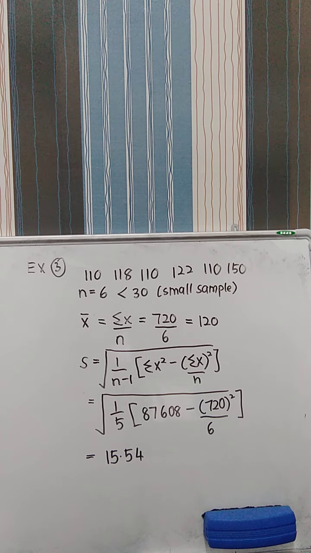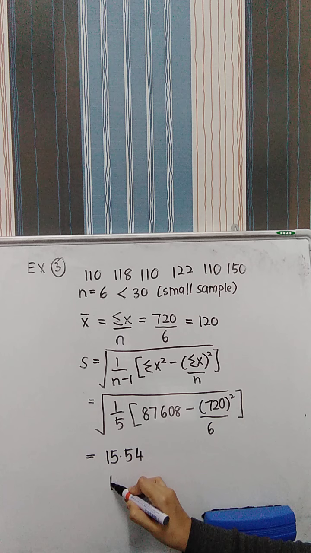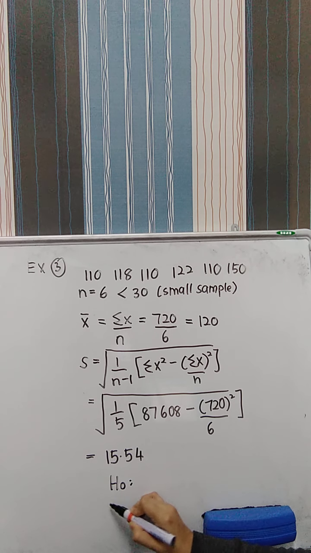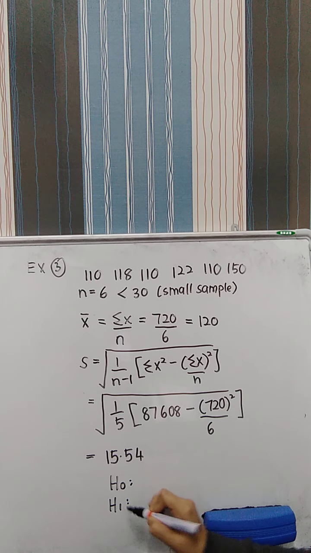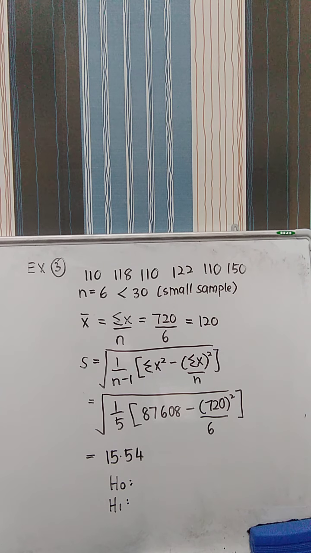Okay, so we continue to the hypothesis test, H0 and H1. At the 1% significance level, are the undergraduate students smarter? Smarter means more than or less than? Smarter means more than.